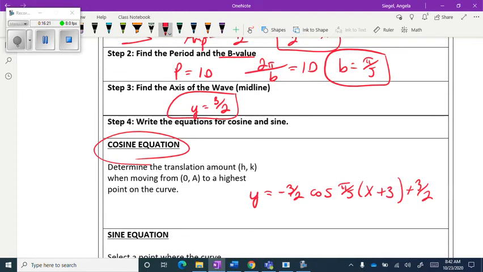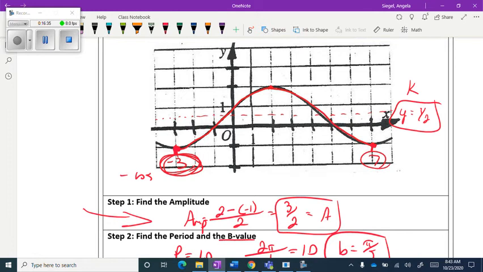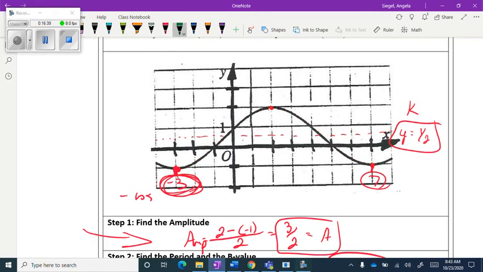If I wanted a regular, like positive 3/2 cosine, let's look at that. So let's go back up here. I'm going to take this off. Okay, so I go from here, and then I'm running out, but it would eventually go back up here again.